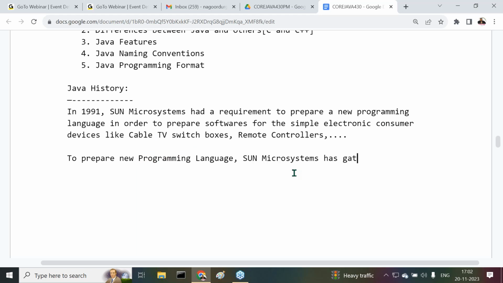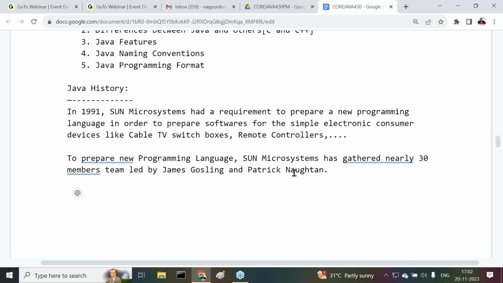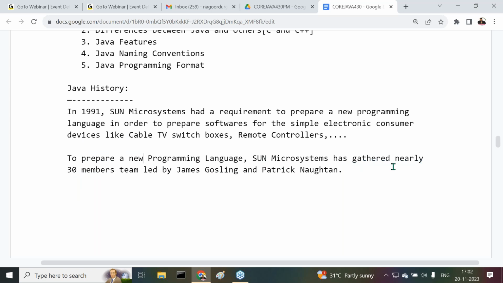Sun Microsystems gathered a team of nearly 30 members led by James Gosling and Patrick Naughton, and started a new project called Green.